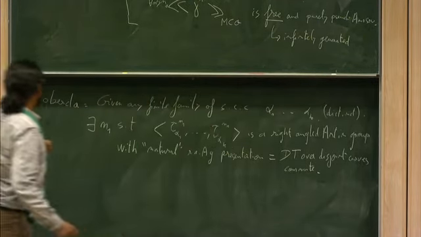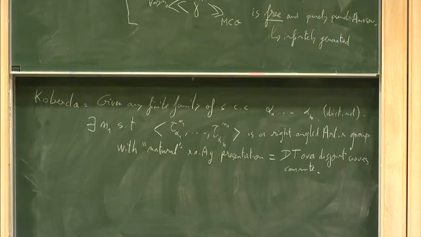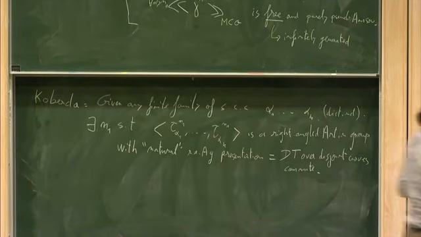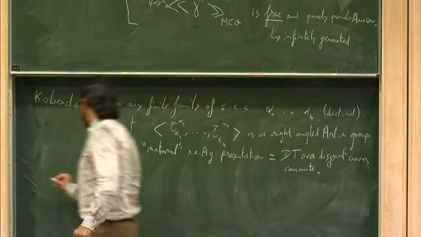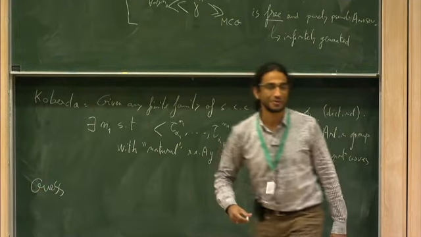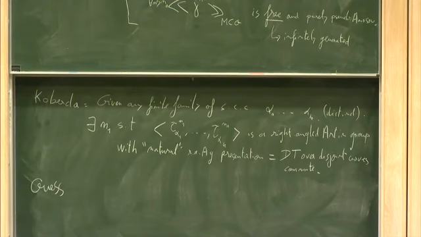Okay. So what's the guess for the normal closure of a Dehn twist? You have a guess? Anyone guess?